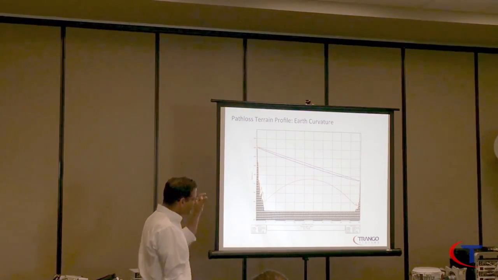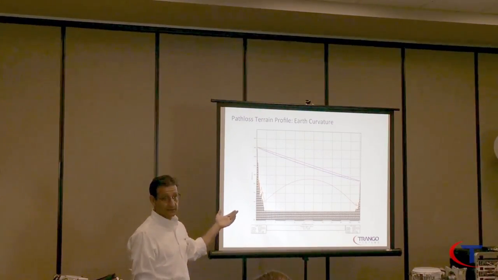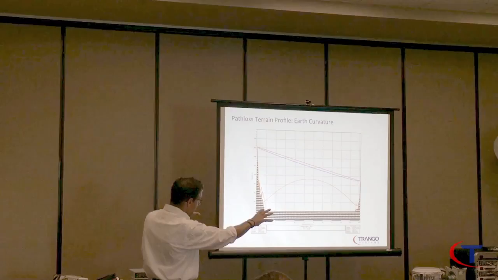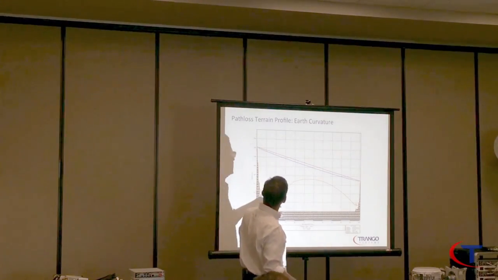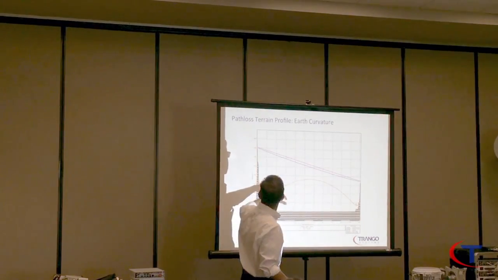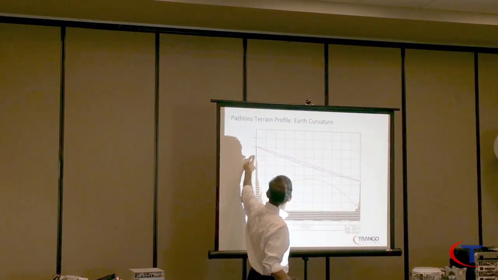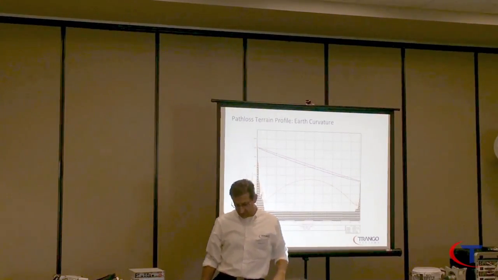The Fresnel zone looks pretty tiny, but that's because the link is 180 miles long. Right? So the scale of this picture is a little bit deceiving. If we take a look at it, the Fresnel zone is actually, you go from here, that's 1,000 to 1,200. The Fresnel zone might be something like 500 feet wide at its center.